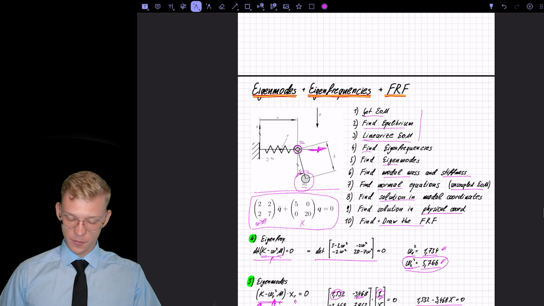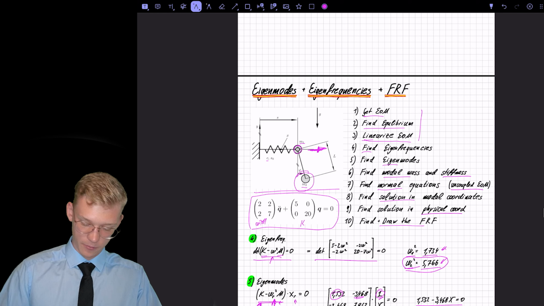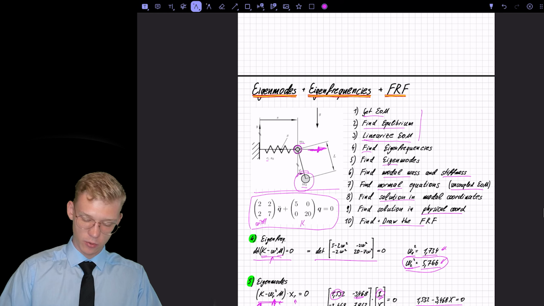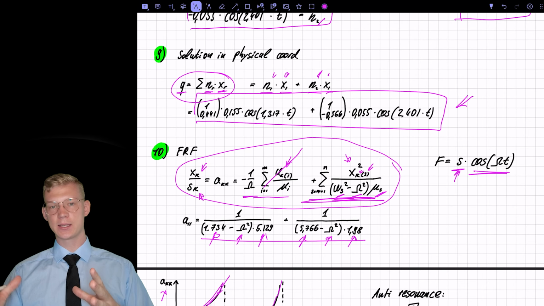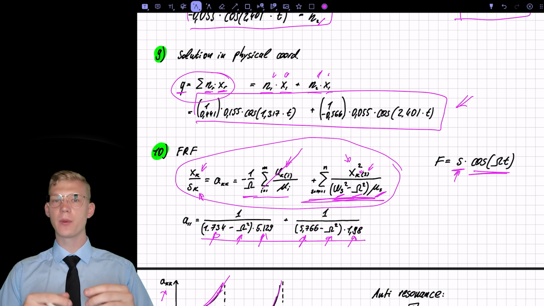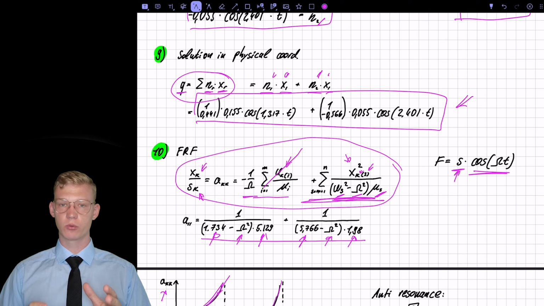Then we transformed them with help of this rule to the physical space, and then we just used our frequency response function to analyze the system, how it will behave if we excite 1 degree of freedom and also then look at this degree of freedom.